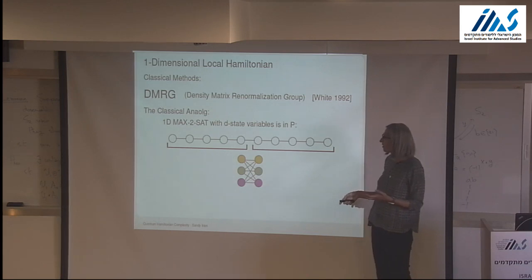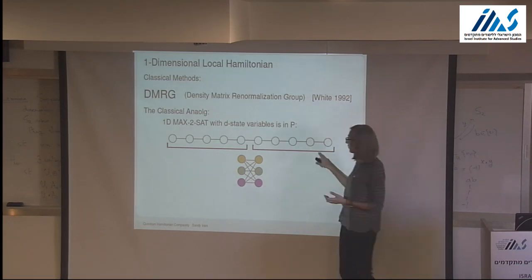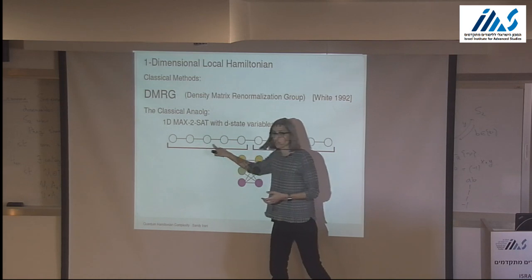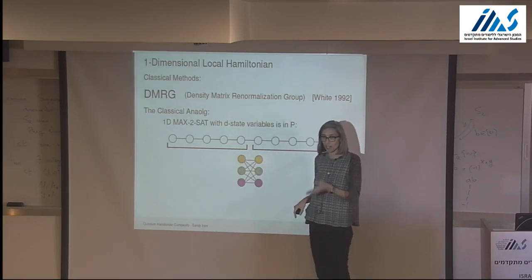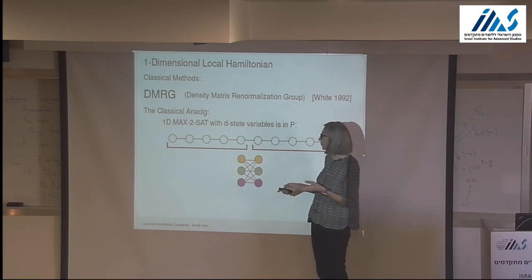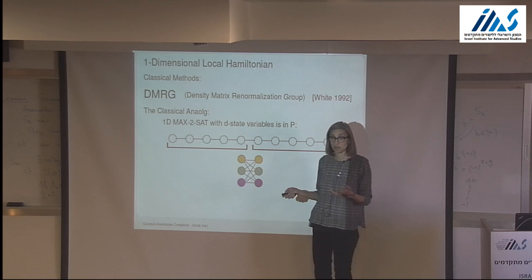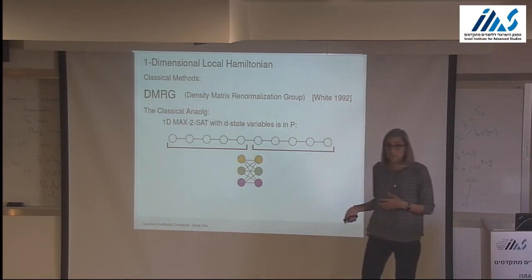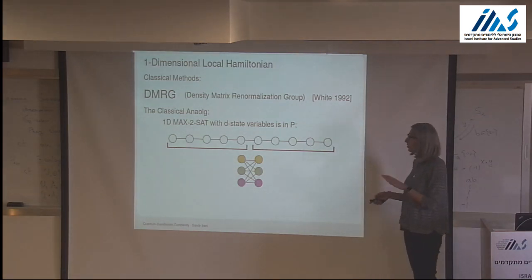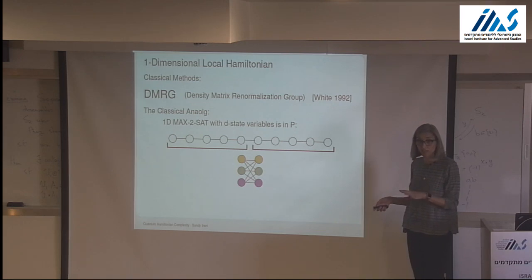Also, the classical analog is in P. If I give you classical states and every Hamiltonian term is diagonal in the standard basis, then it's a classical problem, and we know how to do it in 1D in polynomial time using dynamic programming or divide and conquer. 2D classical is NP hard.